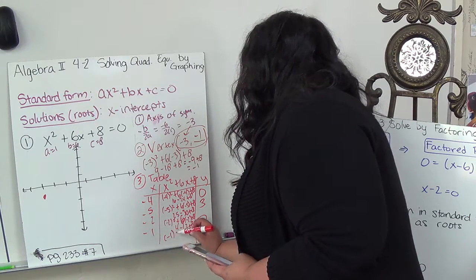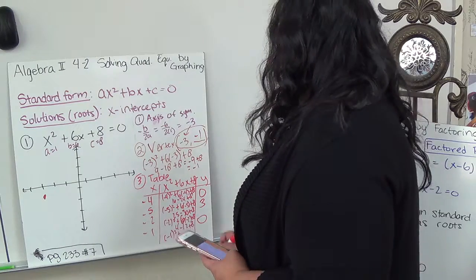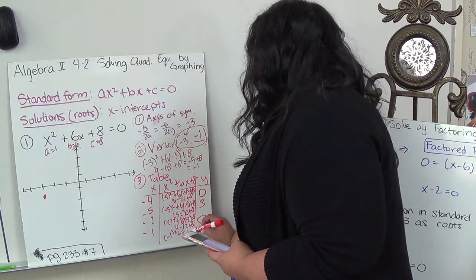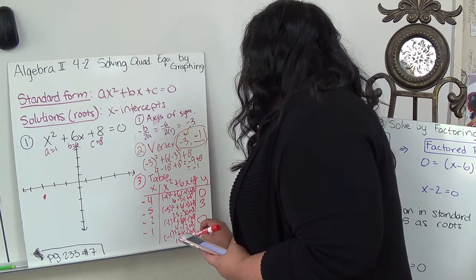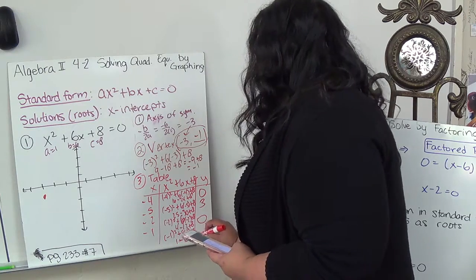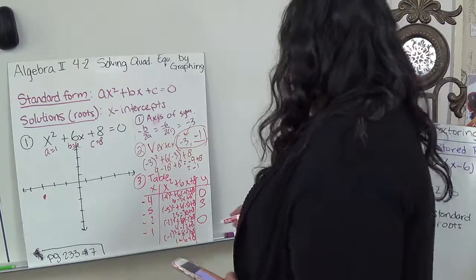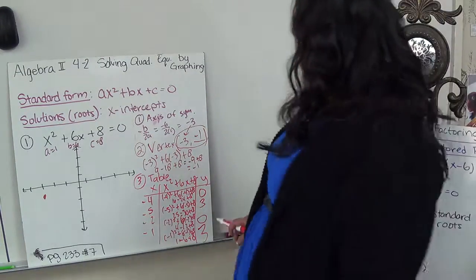Negative 1 squared plus 6 times negative 1 plus 8 is 1 minus 6 plus 8, which is 3.